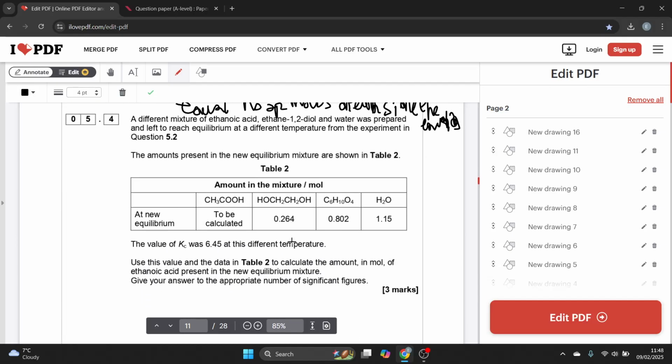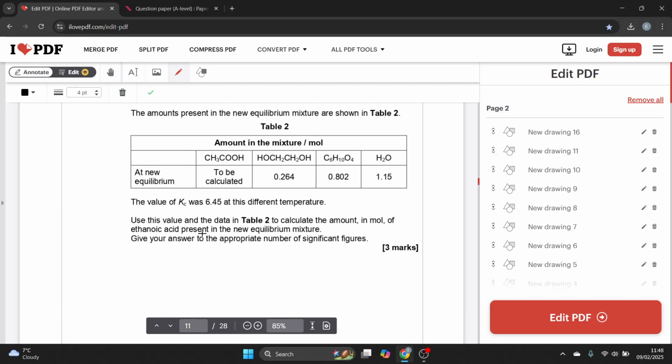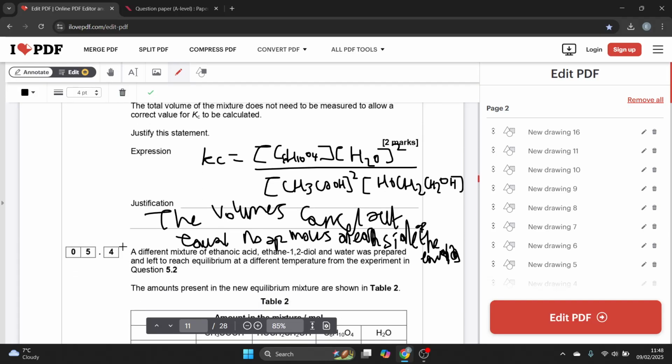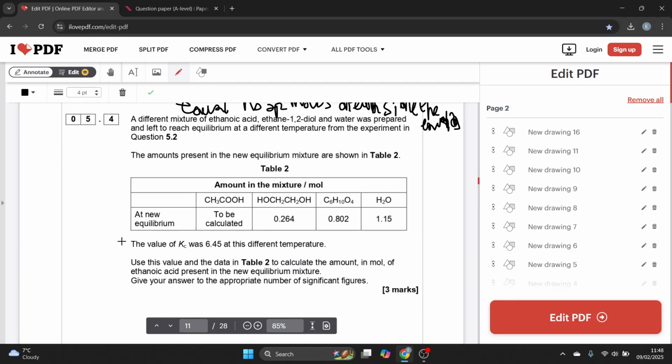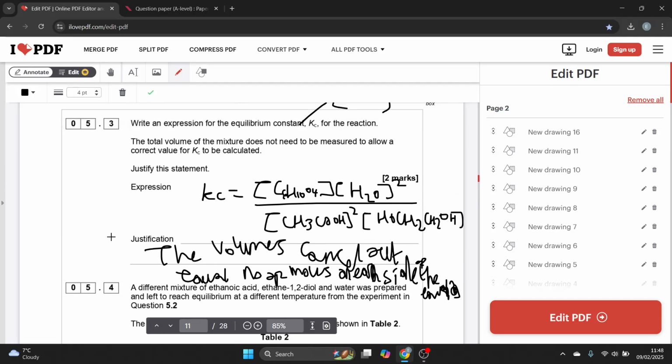Then it says the value of Kc was that. Calculate the amount of moles of ethanoic acid present in the equilibrium mixture. This is obviously equilibrium moles. So I'd just rearrange the equation, and basically all I'm doing is swapping this out.